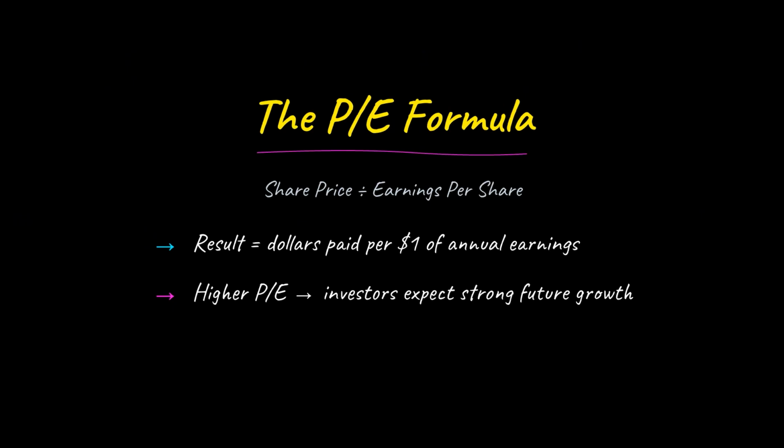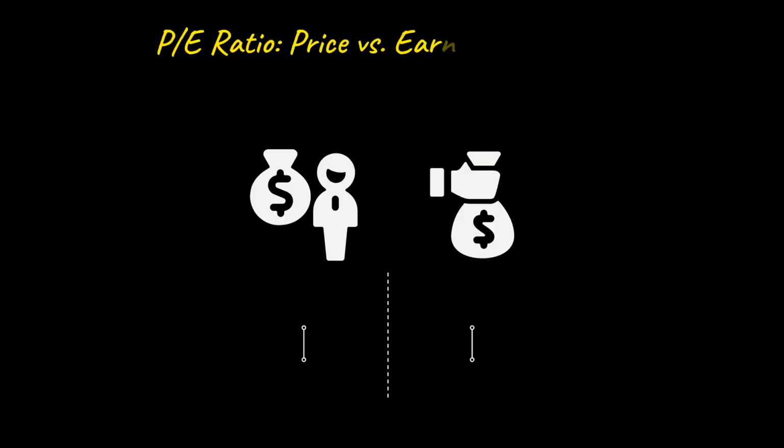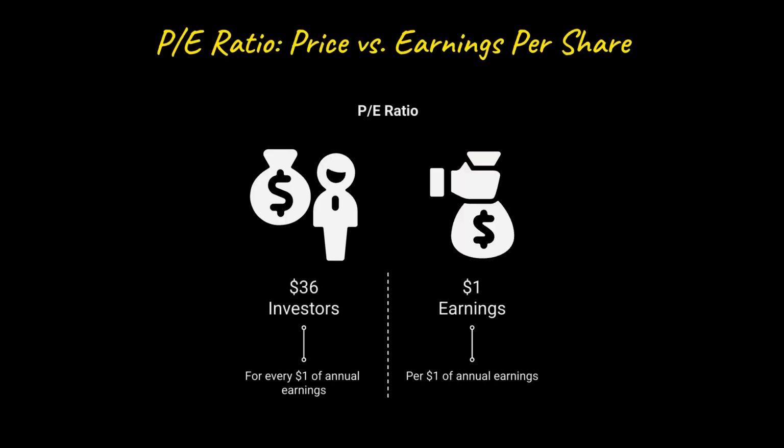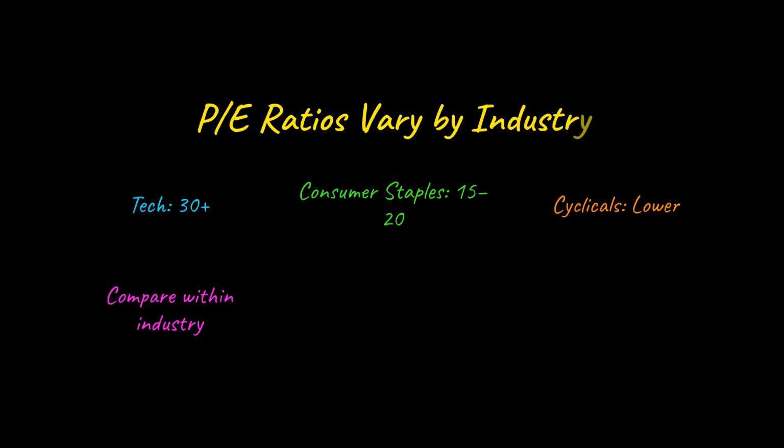A higher multiple signals optimism about future growth, while a lower multiple reflects caution or greater uncertainty. For example, a technology company trading at $228 with earnings per share of $6.40 has a PE of roughly 36. That means the market pays $36 for each dollar of annual earnings the company generates.